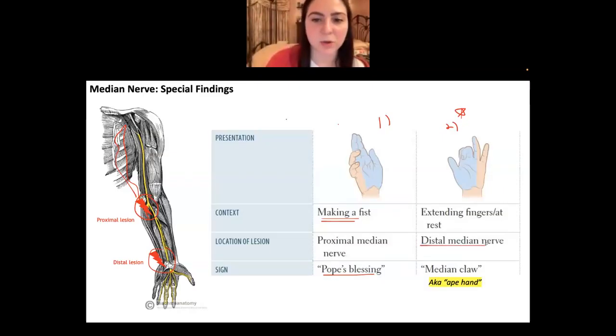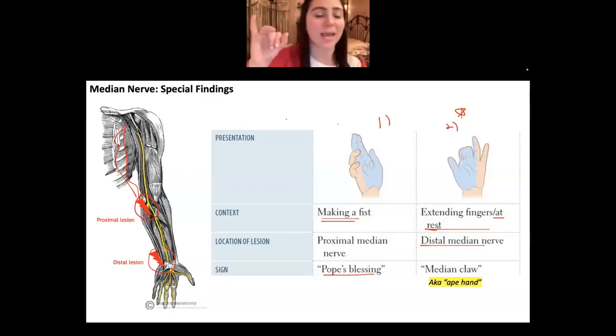So with a distal median nerve lesion, you ask the patient, hey, can you extend your fingers? Or just normally at rest. That's why I think at rest is a key. Just at rest, it looks like this. I can't do it. Maybe I have a median nerve lesion. I don't know why this finger can't go up, but this is supposed to be up. So I think if you have a distal lesion right at the palm, it's less about the function.